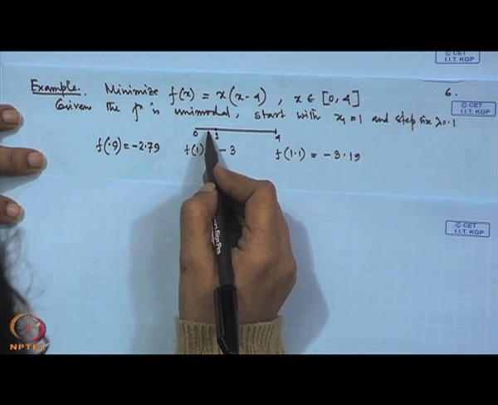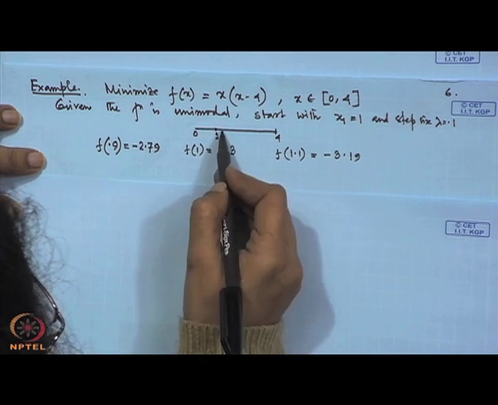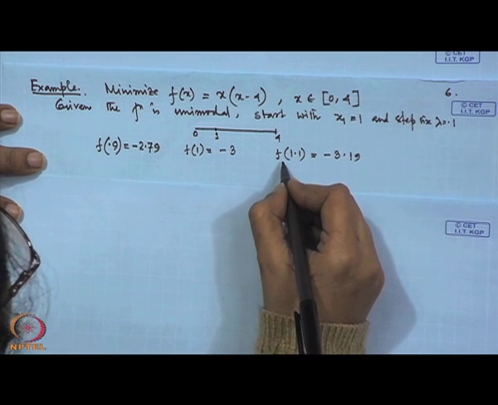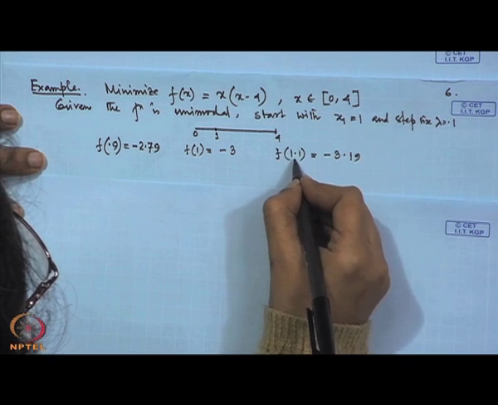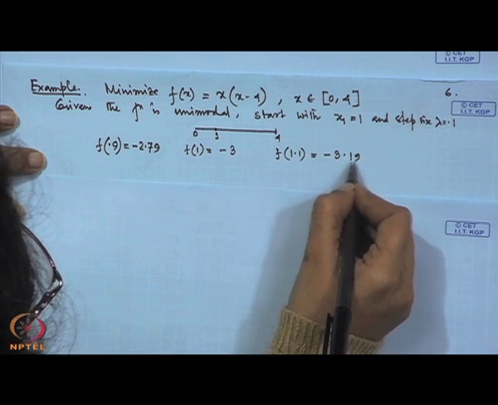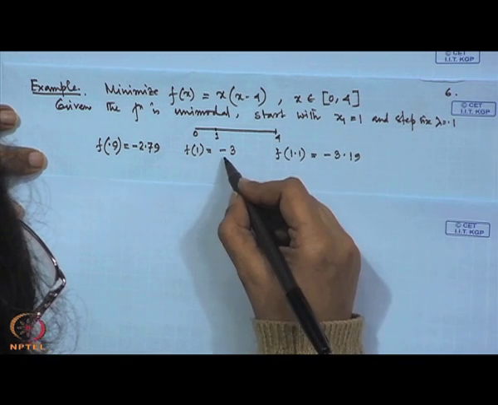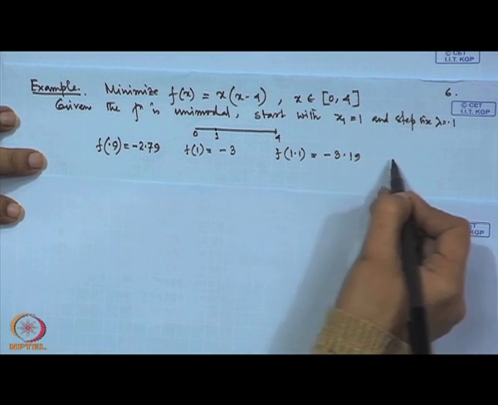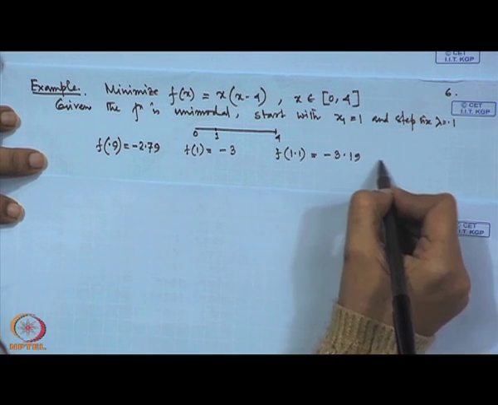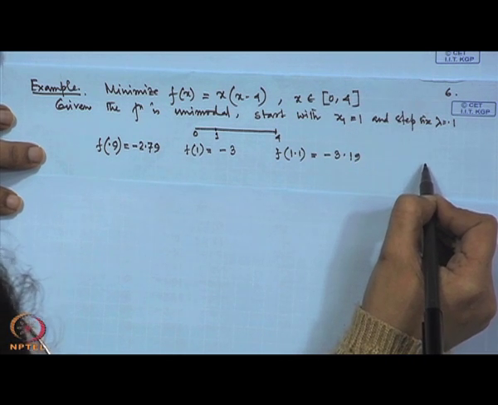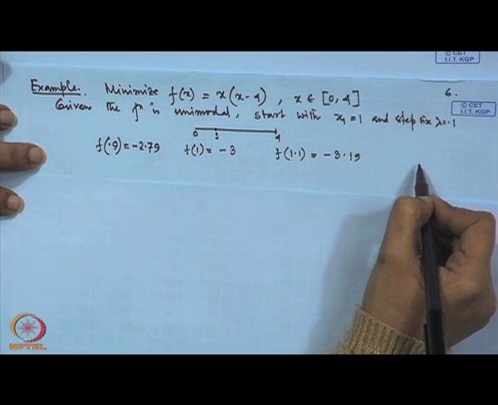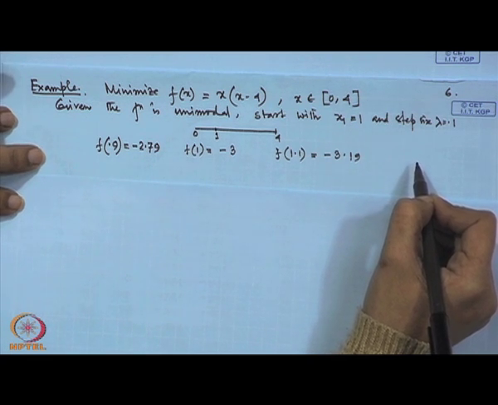That is why I will move to the right-hand side, because there, if I move to 1.1, the functional value at 1.1 is -3.19. That means it is a better value than at 1. So if I move further from 1.1, there is a possibility that we will get a better value for the function f(x). Better in the sense that, since this is minimization, better means we get a lesser functional value, which is more acceptable.